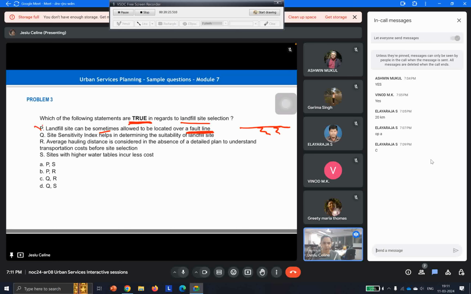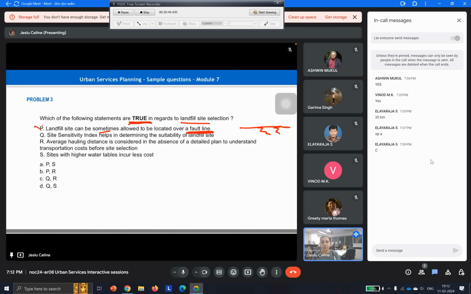We've discussed a lot of parameters, starting from the location, the amount of waste generated in that region, the transportation cost, the environment, the climatic aspects of that region, the water table, where the water table is located, the vegetative cover usually present in the nearby regions, even the adjacent facilities or amenities nearby.